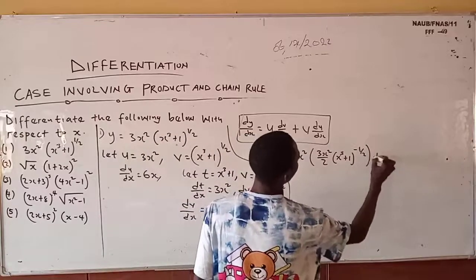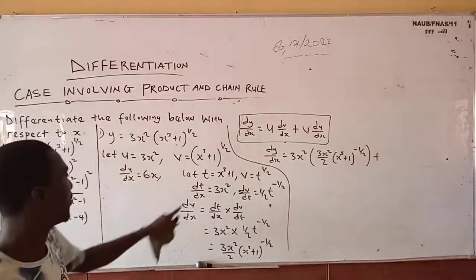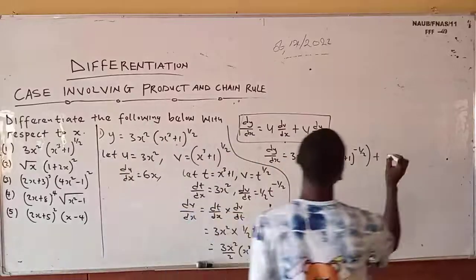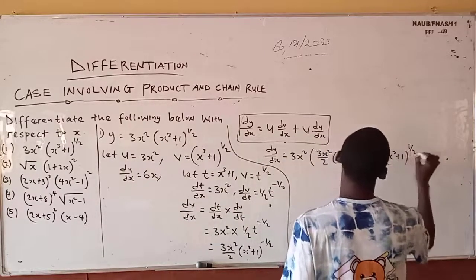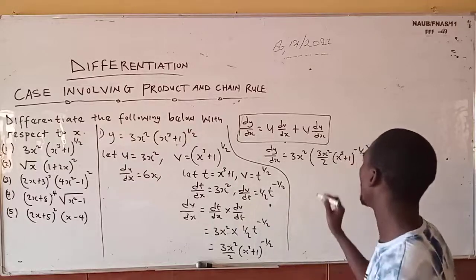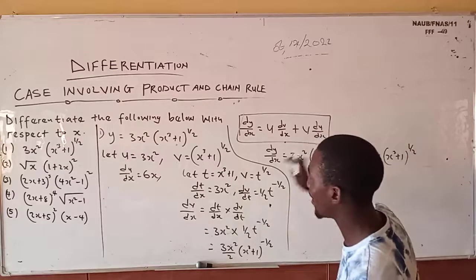So close the bracket plus v. What is v? v is s to the power of 3 plus 1 all to the power of half. You get that?